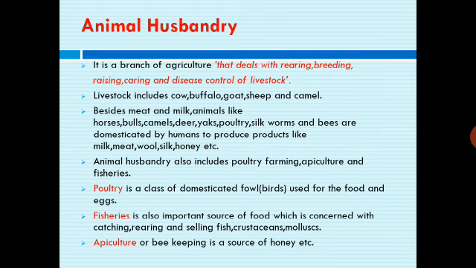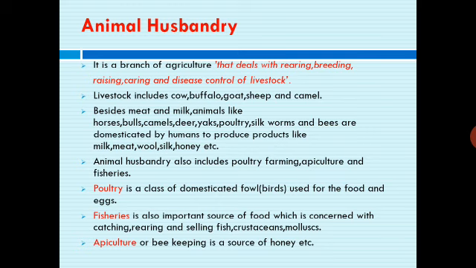Livestock here includes cows, buffalo, goat, sheep, camel, etc. Besides meat and milk, animals like horses, bulls, camels, deer, yaks, poultry, silkworms and bees are domesticated by humans to produce products like milk, meat, wool, silk, honey, etc.